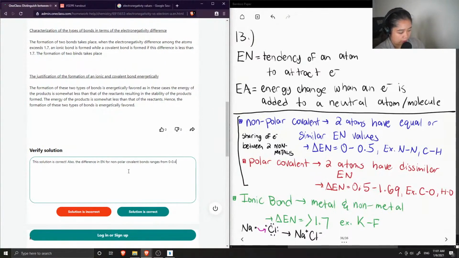Let's say 0.4. For polar covalent bonds, 0.5 to 1.69.